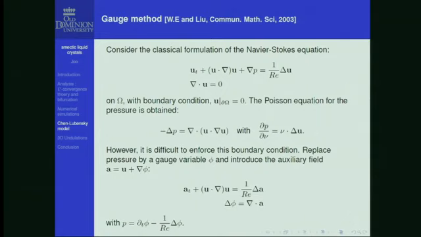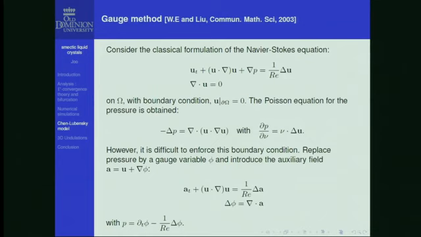But the price for the projection method is that you have to use a special discretization scheme. So instead of the projection method, we use the gauge method, where we introduce a gauge variable and an auxiliary field. So this equation becomes like this. This is like the heat equation and the Poisson equation.